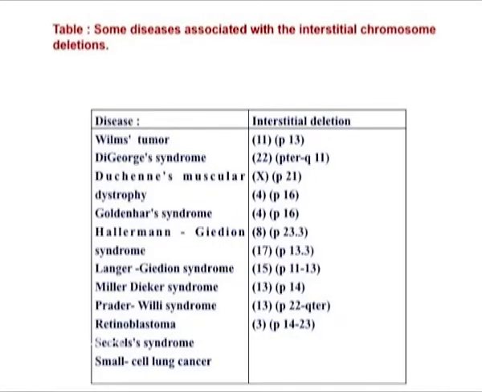With the use of high resolution banding techniques, a growing number of interstitial deletions have been found to be associated with human diseases of previously unknown causes. Deletions have also been identified in the X and Y chromosomes and most of the autosomes.